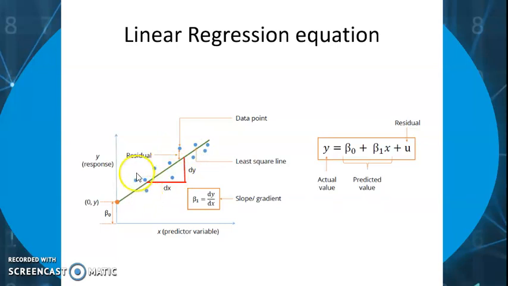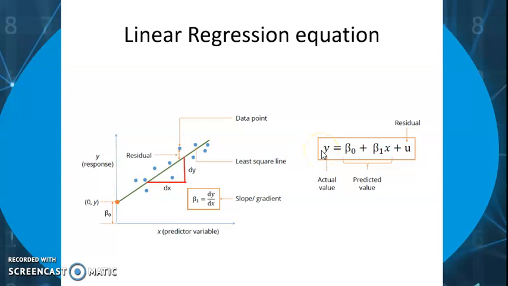Now once we are done with the scatter plot, what are we seeing here? We have drawn a line that's in green. Now please understand this. My equation is y is equal to beta 0 plus beta 1 x. Now forget about the rest of it as of now.